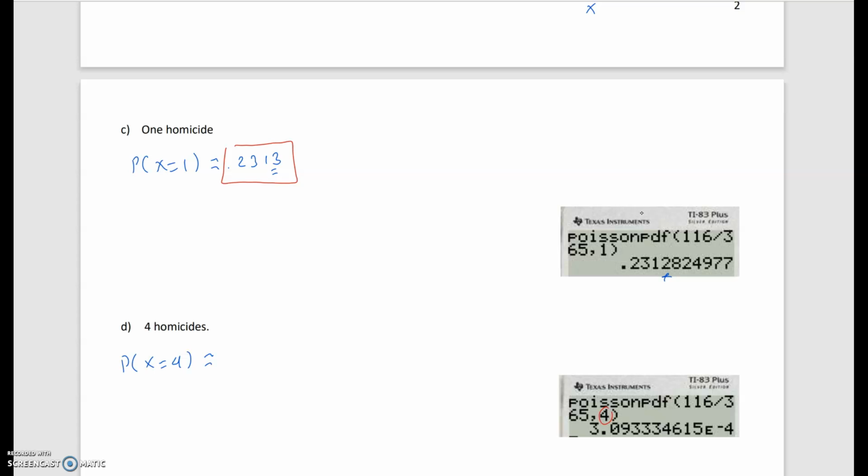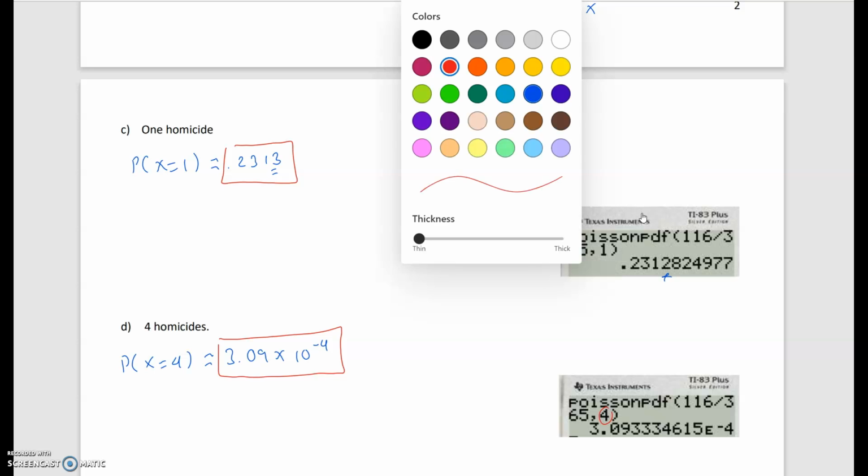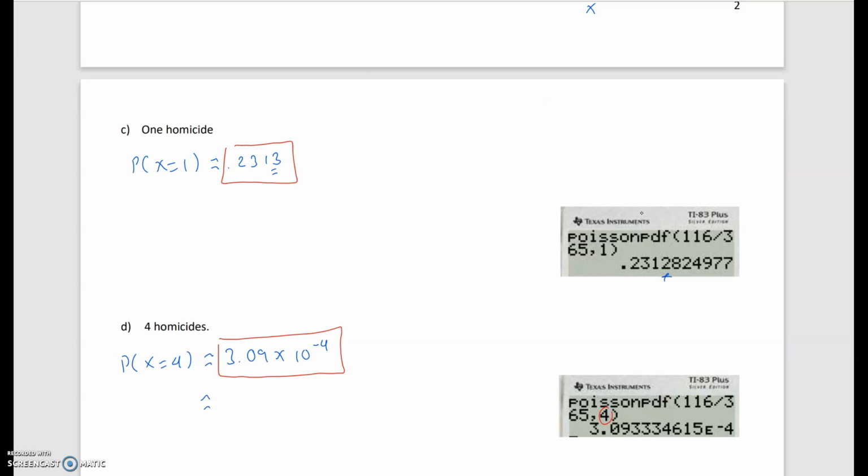In this case, we're looking at 3.09 times 10 to the negative 4. On my end, this is perfectly fine. Some of the problems are going to want you to rewrite it as a decimal. So in this case, we're talking about 0.000 and then 309.